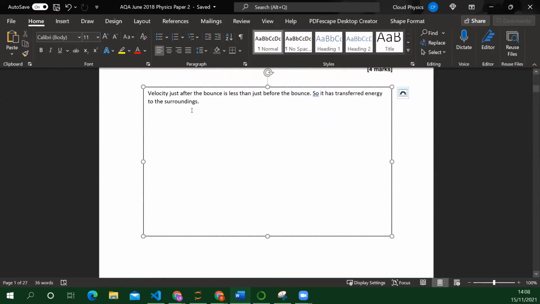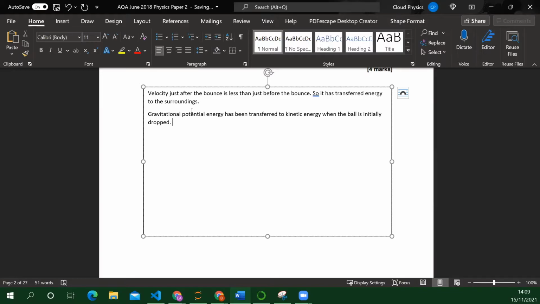It's being dropped. So what's happened is that gravitational potential energy has been transferred to kinetic energy when the ball is initially dropped.